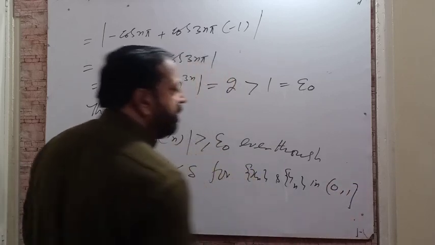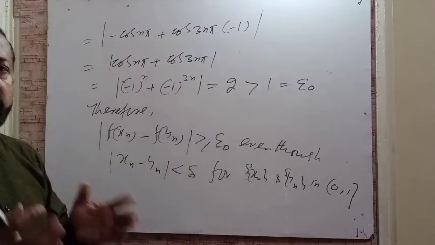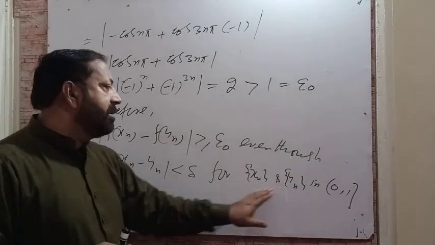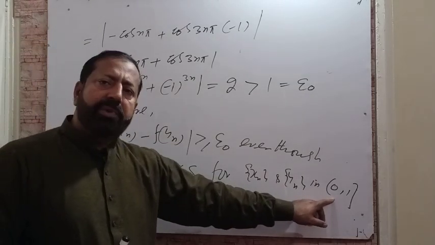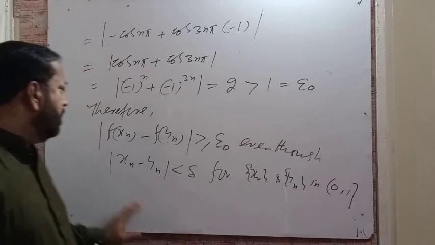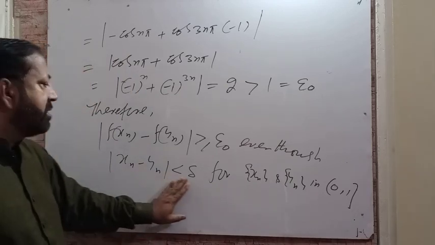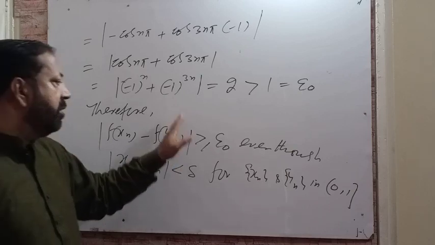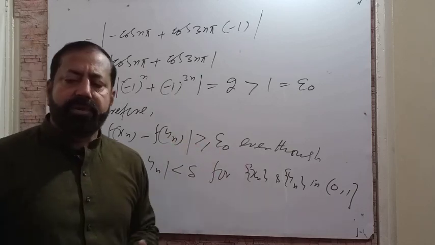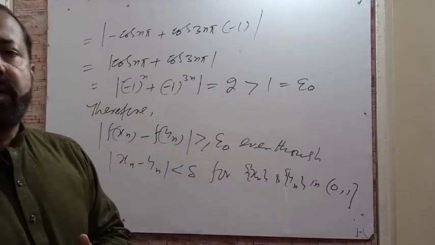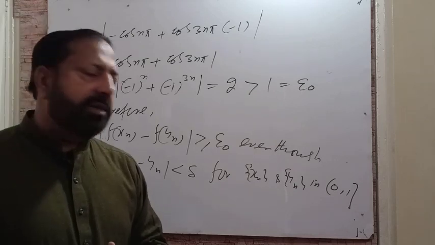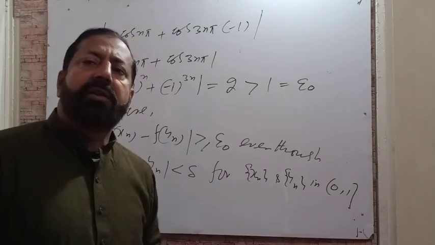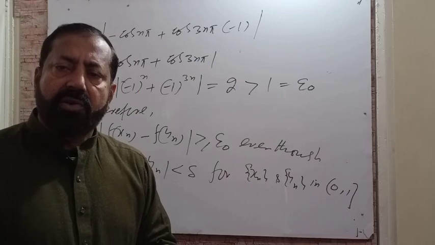So yes, we have seen that you can choose two sequences xn and yn from this domain so that |xn - yn| is less than delta. However, |f(xn) - f(yn)| is greater than or equal to epsilon naught. Yes, this means that sine 1 over x on this domain is not uniformly continuous.